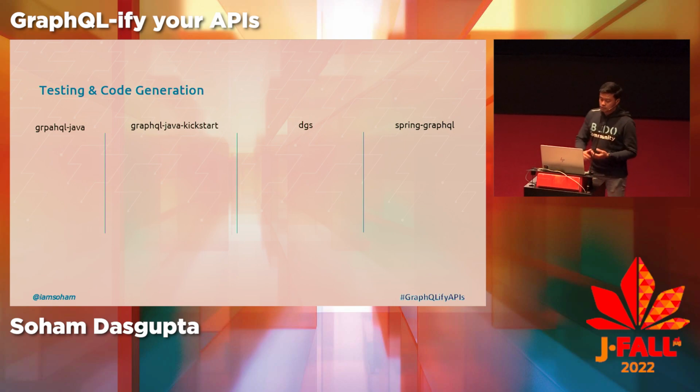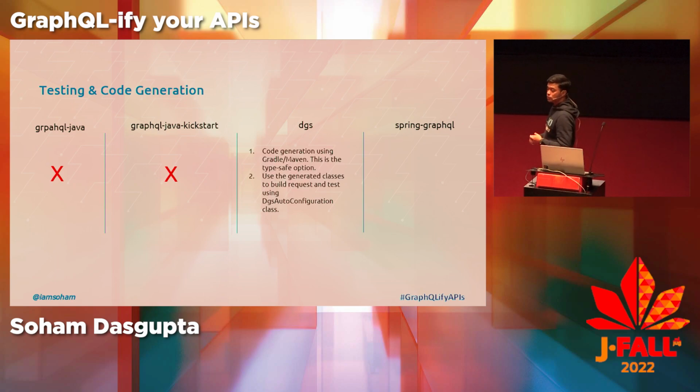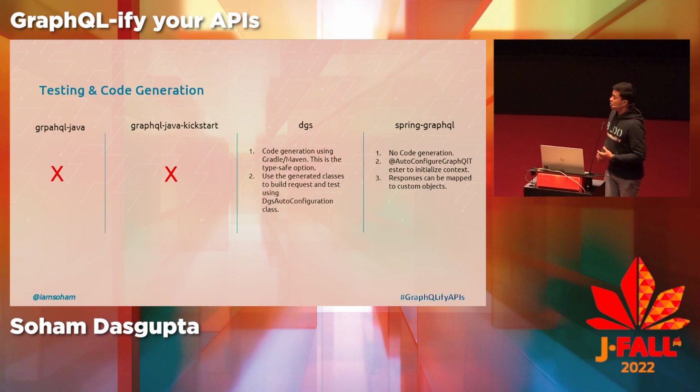Testing and code generation, as I said, they do not have anything. DGS has a component with which you can generate your objects, and that also gives you the opportunity to test your code. So if you're writing a Spring Boot test or a simple integration test, that also can be done using this plugin. Spring GraphQL doesn't have it, but they give you a very easy way to test your GraphQL endpoints.